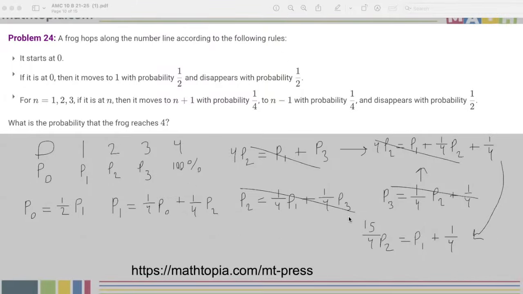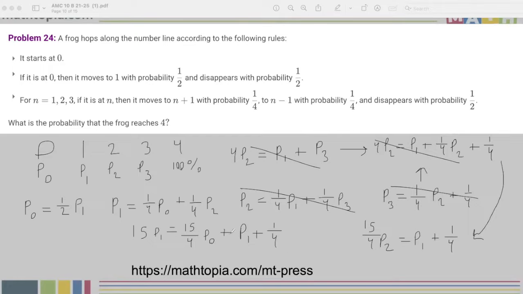Right. So now we want to eliminate the next variable in the list, right? P3, P2, P1, P0. So next up on the cutting board is eliminating P2. So what we can do here is multiply everything here by a factor of 15. And now here we would get 15/4 P2, but instead of writing 15/4 P2, I'm going to write what this equation says it's equal to. So P1 plus 1/4.